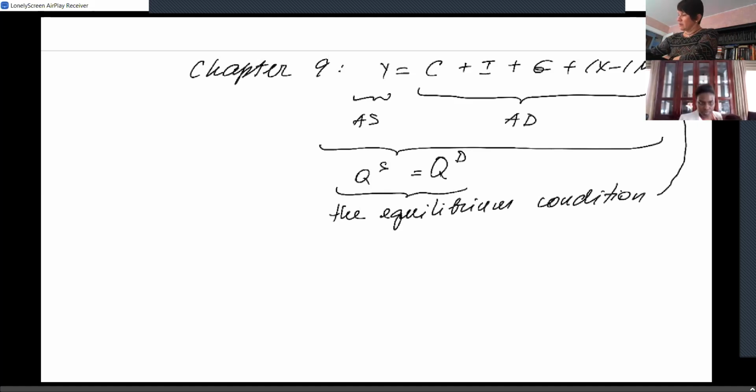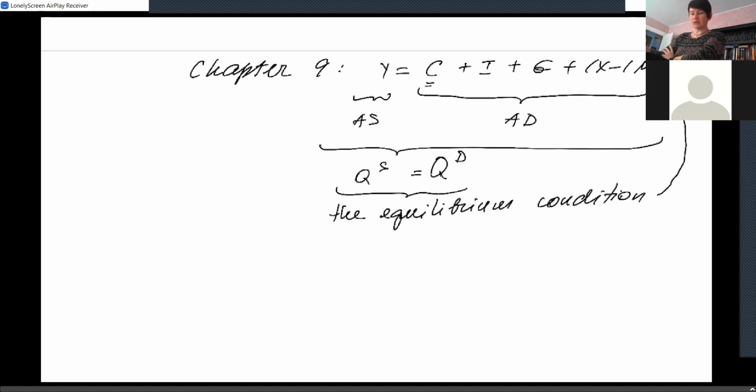Going back to our expression that we learned in chapter 8, the right-hand side shows us all different types of consumers: households and their spending, businesses and their spending, government and their spending, and our trade account balance, okay?